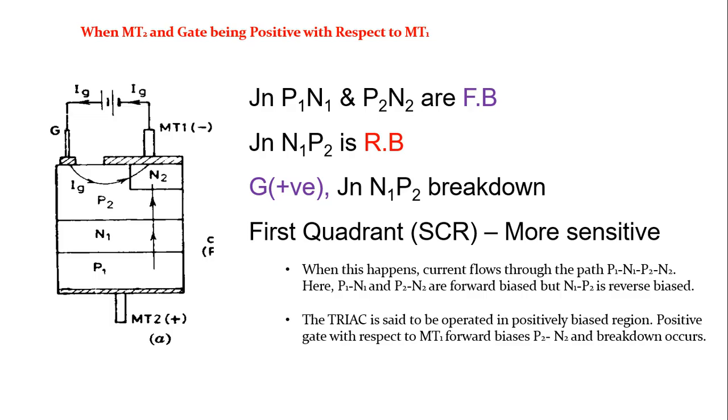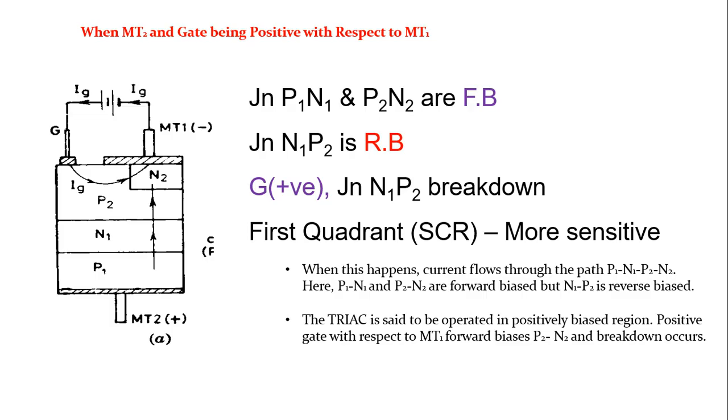Here we can see the layers P1, N1, P2, N2. For this mode of operation, the P1, N1 is a forward biased junction, and P2, N2 is also a forward biased junction. The in between junction, that is P2, N1, sorry, it is a typographical mistake, that is P2, N1 is reverse biased.